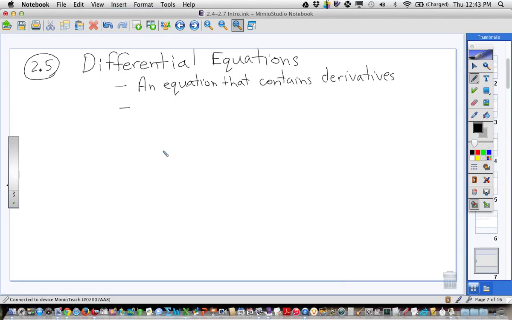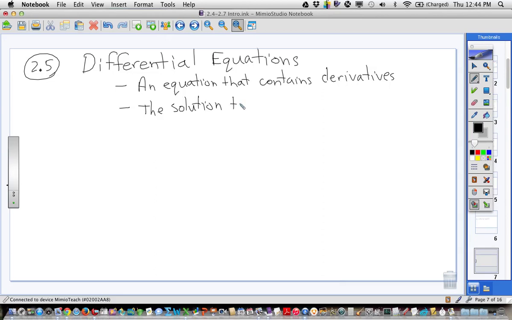Or infinite answers. But it's a number. We get a numeric solution to all those kinds of equations. A differential equation is different. The solution, and this is where we have to kind of change our mindset here a little bit. I think this is what makes differential equations confusing at first, is we have trouble getting out of that old mindset of what an equation is, or the solution to equation.